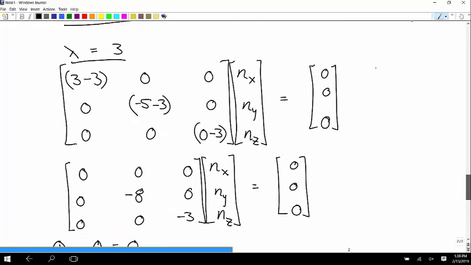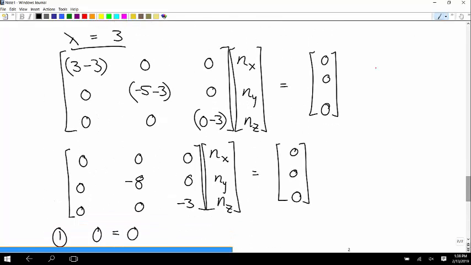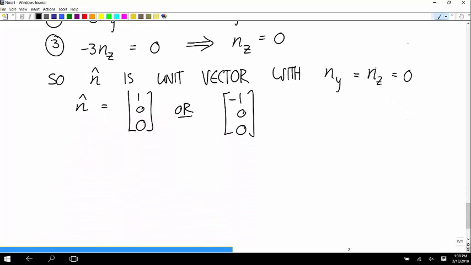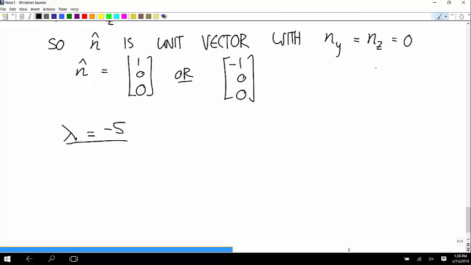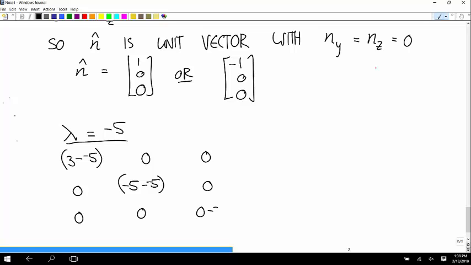Okay, so what do we want to do now? Yeah, right. So now we're going to go to lambda is equal to -5 and calculate the n vector that corresponds to this. So we have 3 minus -5, 0, 0, then 0, -5 minus -5, 0, 0, 0, and then 0 minus -5.